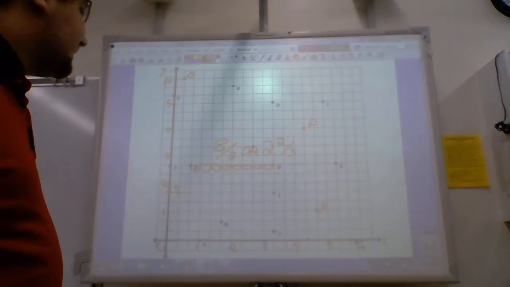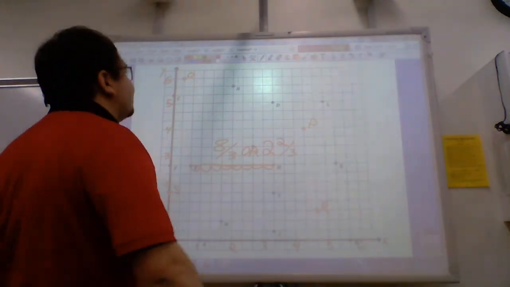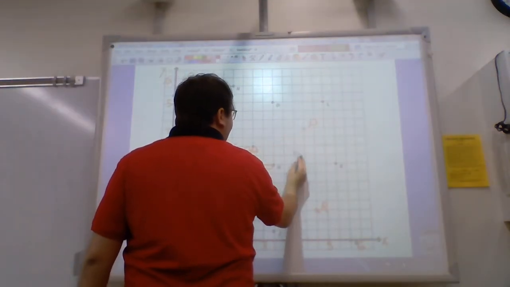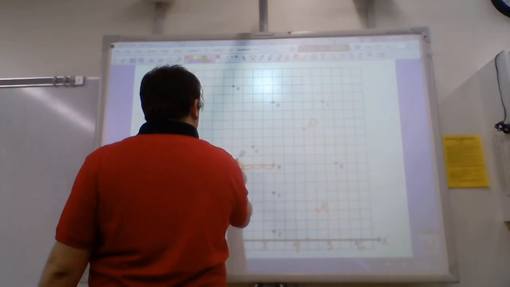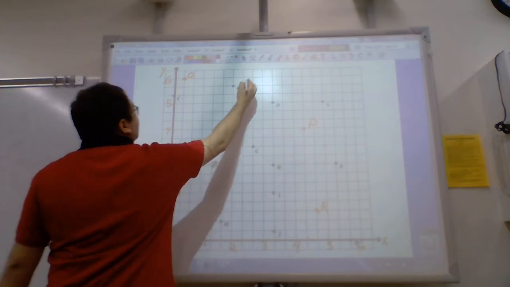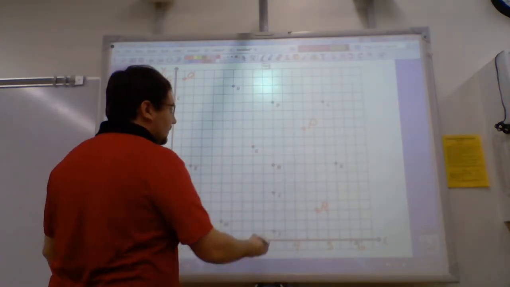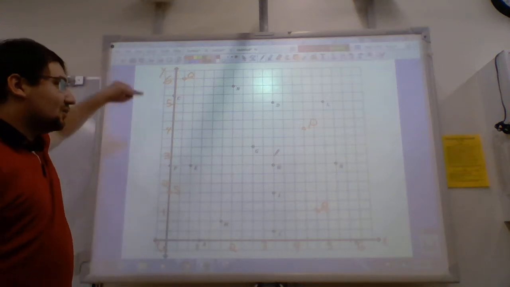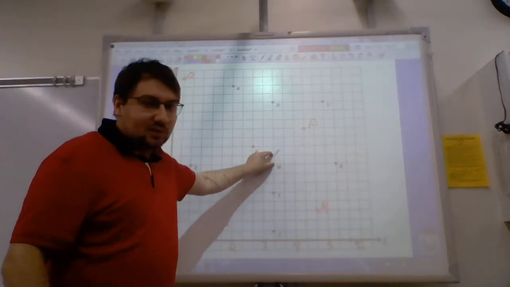Next question is asking for the length of HD. Let's erase this because this is going to get in the way of us between H and D. This is between H and D. Well, once again, whether it's on the x-axis or it's on the y-axis, one of these squares is still 1/3.